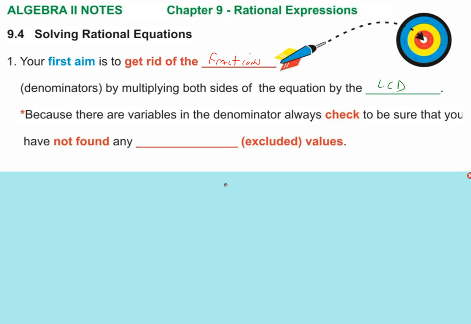If it's an equation, you're going to have that same concept, only they're going to be extraneous. Same thing as excluded, so be careful of any extraneous values. Always be on the lookout for extraneous values.